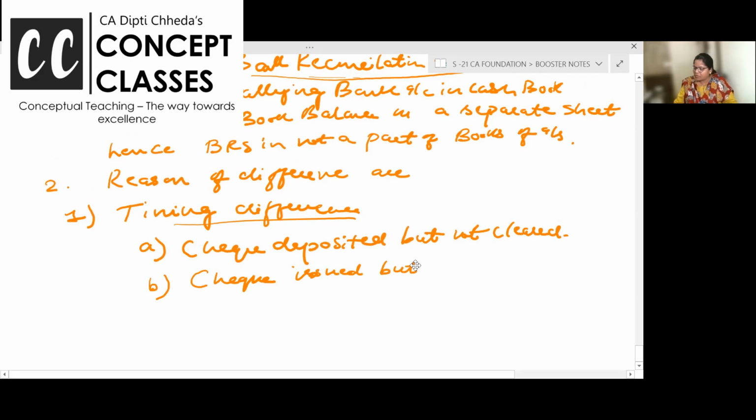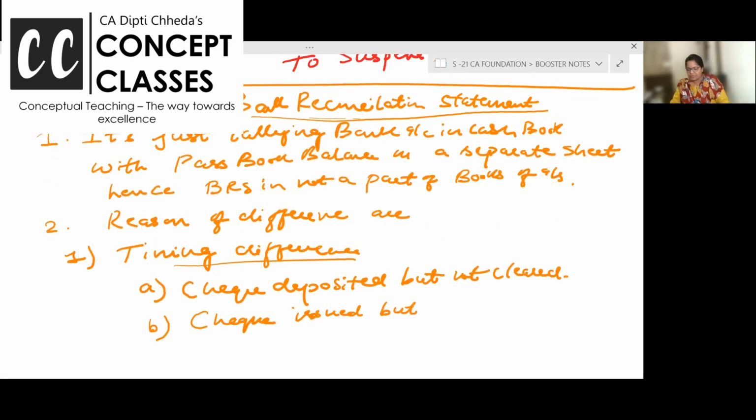Yeah, I'll scroll up, no problem. First point likho, I will dictate also. Write down. It is just tallying bank account in the cash book with passbook balance on a separate sheet.